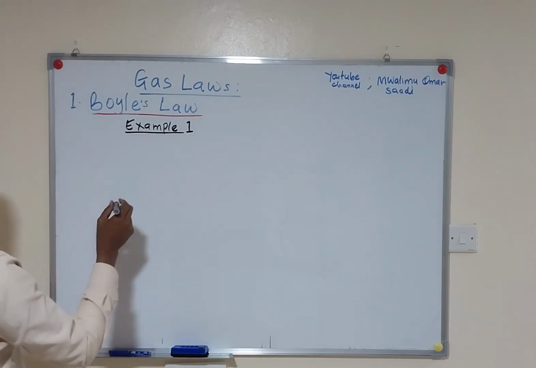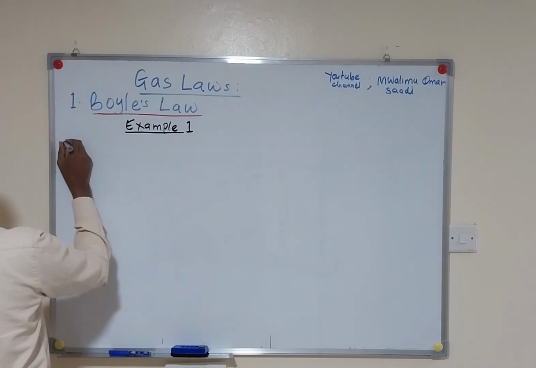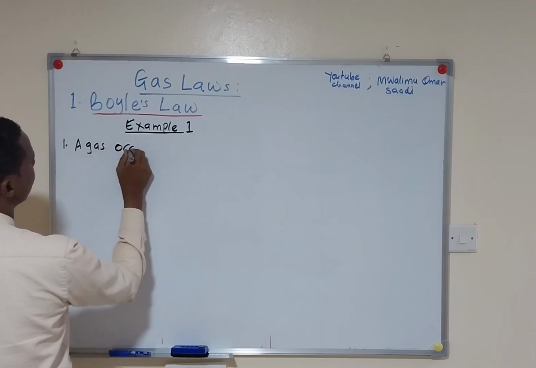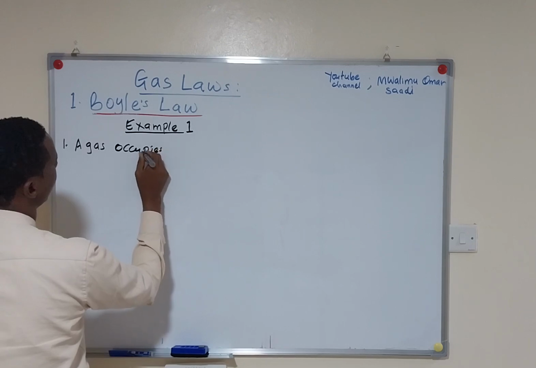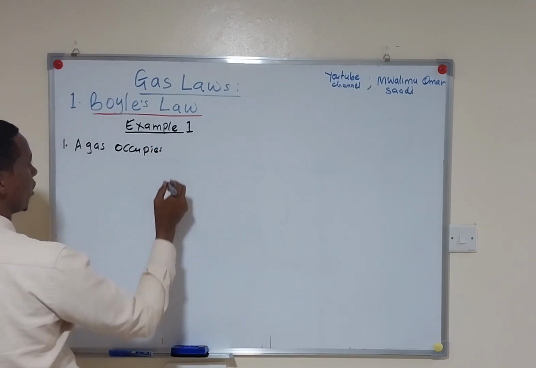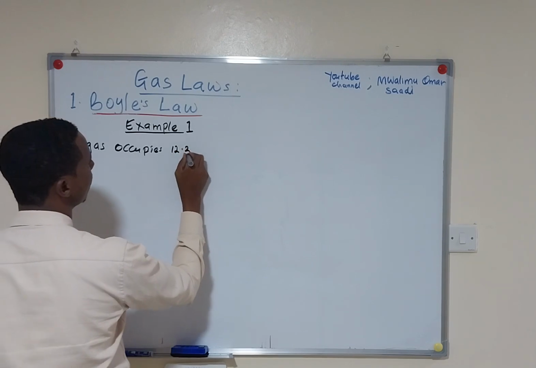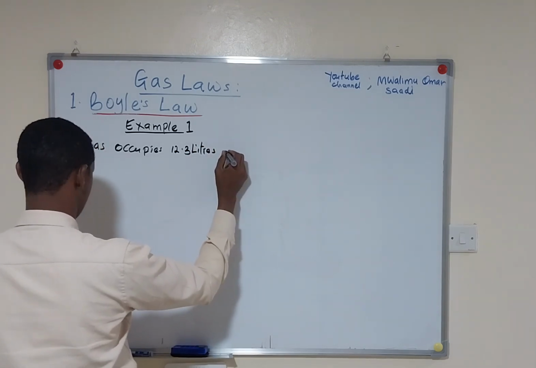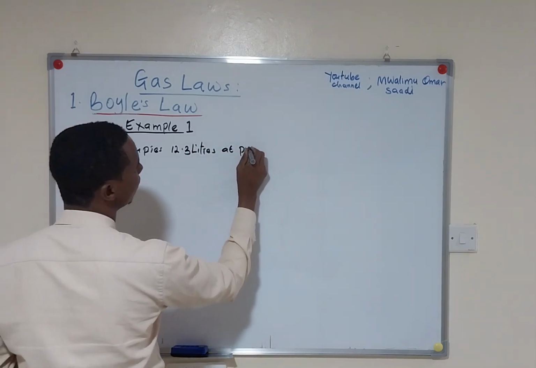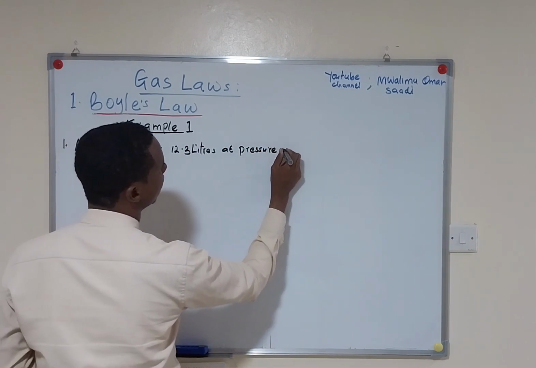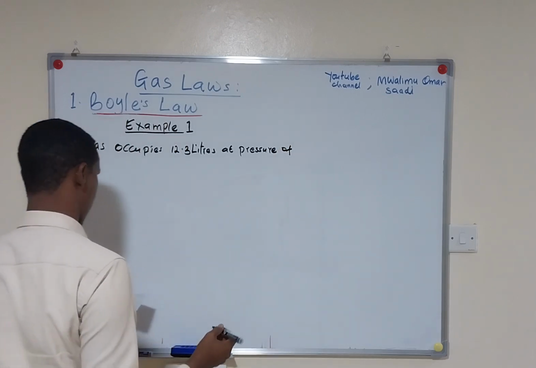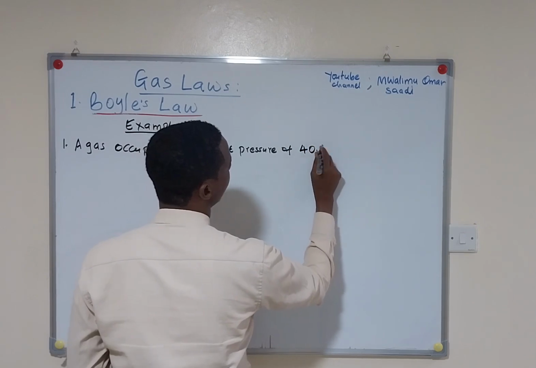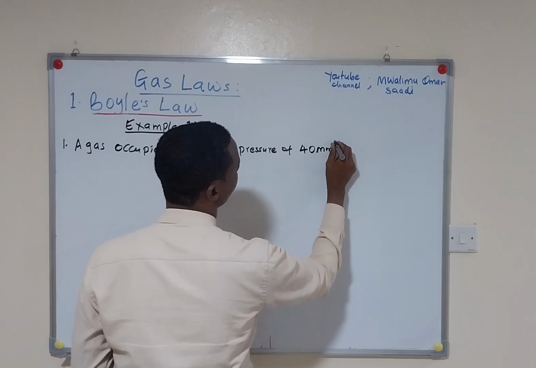Our first example: a gas occupies 12.3 liters at a pressure of 40 millimeter mercury.